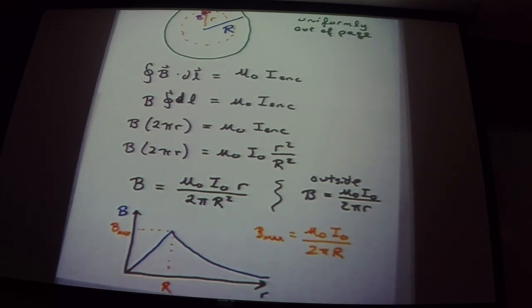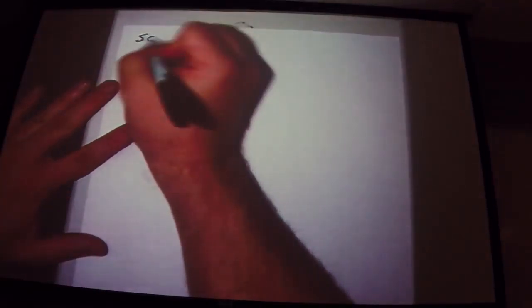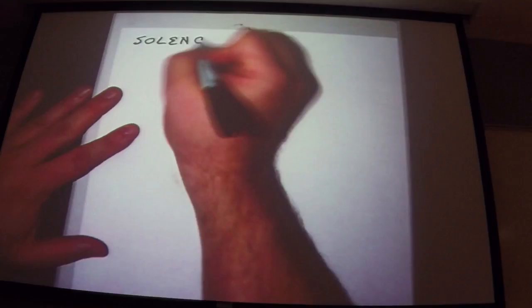All right, applications of Ampere's law. We went over one, the center uniformly distributed. Next is the magnetic field from a solenoid.